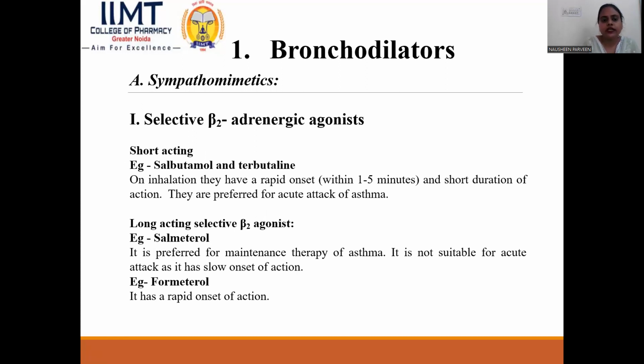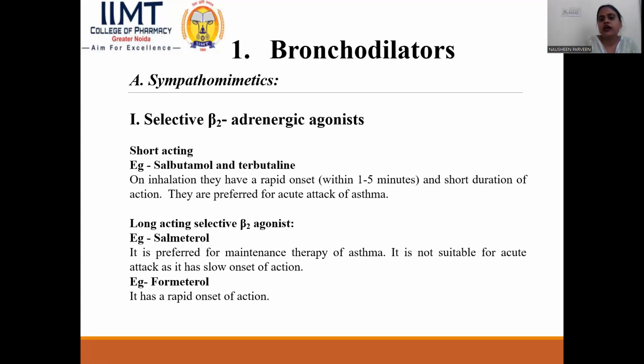Short acting beta 2 adrenergic agonist examples are salbutamol and terbutaline. The property of short acting drugs is that when we use salbutamol and terbutaline by inhalation, they have a rapid onset of action within 1 to 5 minutes and a short duration of action.